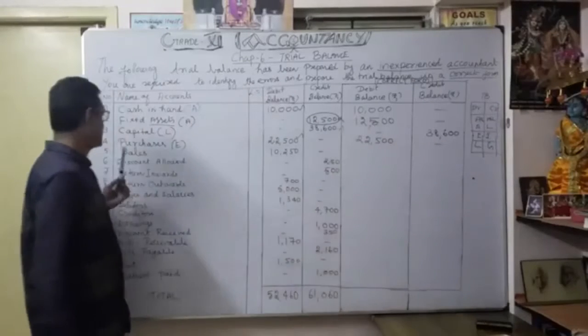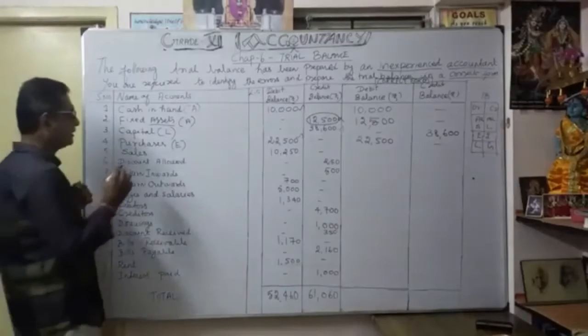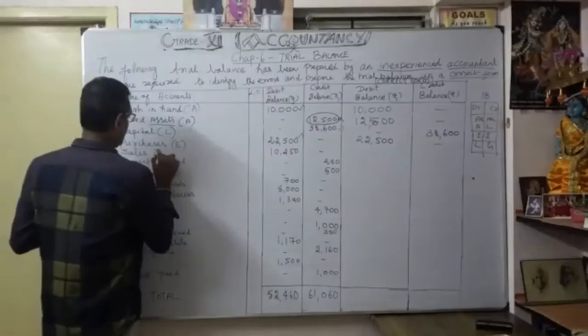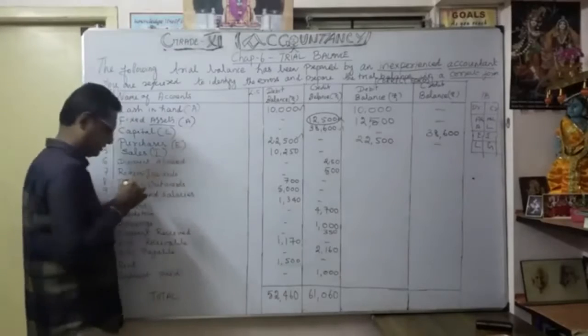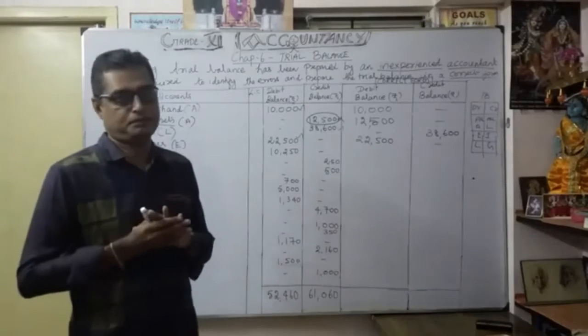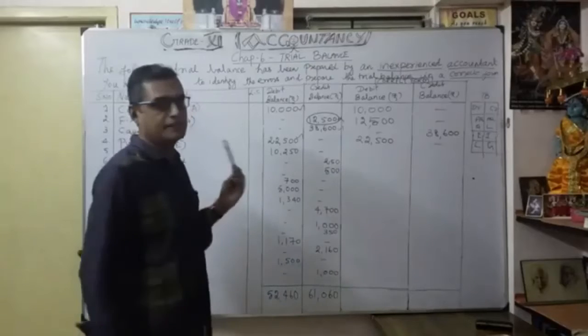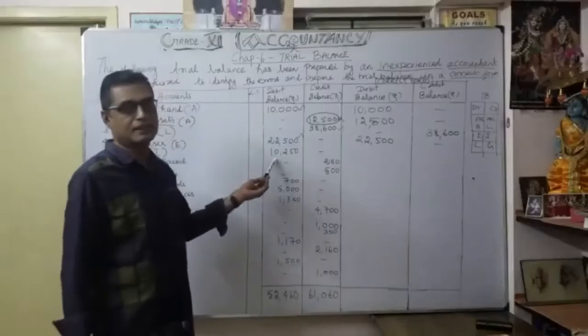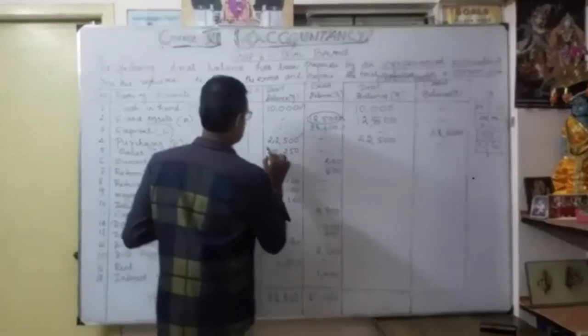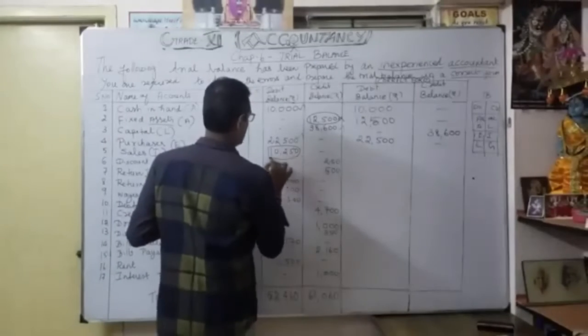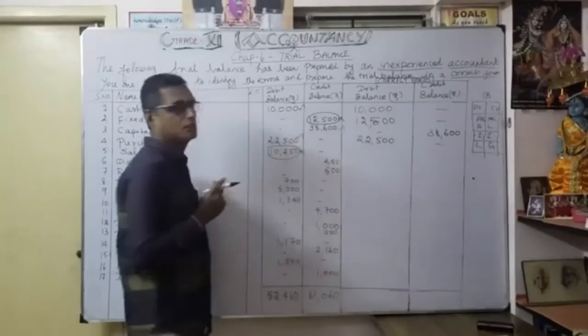Then sales. Which category are you going to identify sales under? It is income, isn't it? As an income, it should be on the credit side. See what happened? They wrote it in debit balance, so it is wrong. Understood?